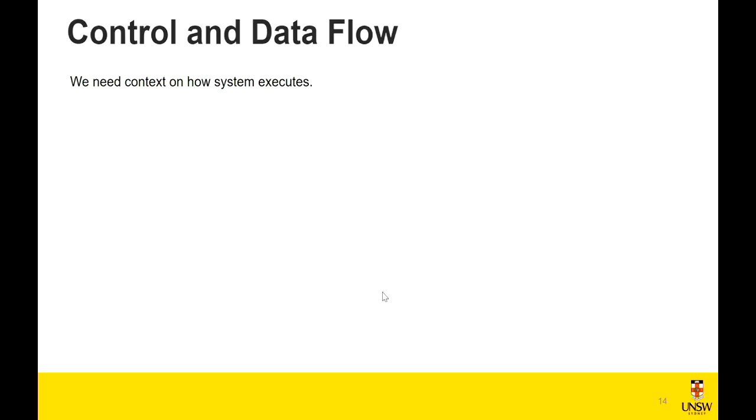And the second type of program structure is related to how the programs are executed. This is important because we are doing testing; we need to run the program. So we need to have context on how the system executes.